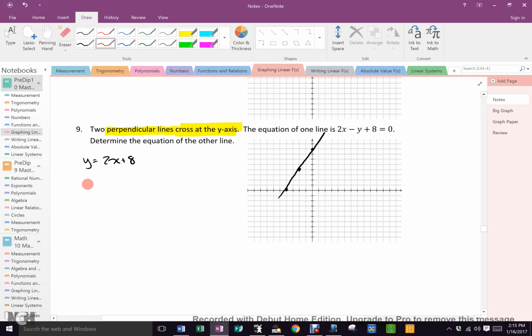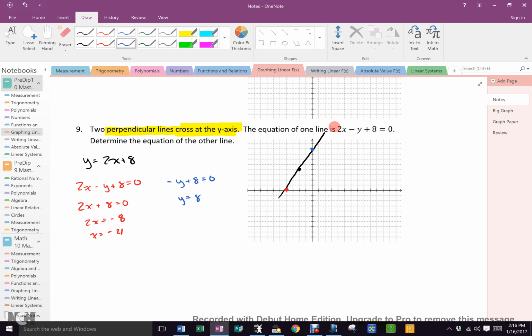And then if I were doing it with x and y intercepts, 2x plus 8 would equal 0. 2x would equal negative 8. x would equal negative 4, which I have right there. Yes? And negative y plus 8 would equal 0. y would equal 8, which I had right there. Those are the two ways you can graph that line. Covers a learning outcome, yes? Everybody cool? Everybody was able to graph that line, yes?